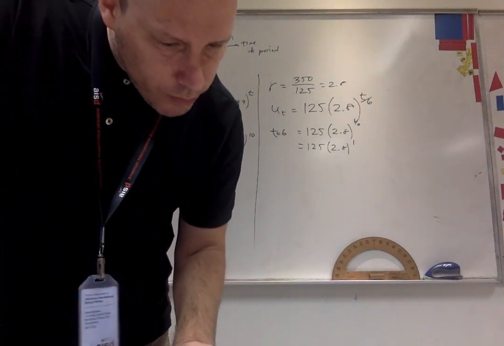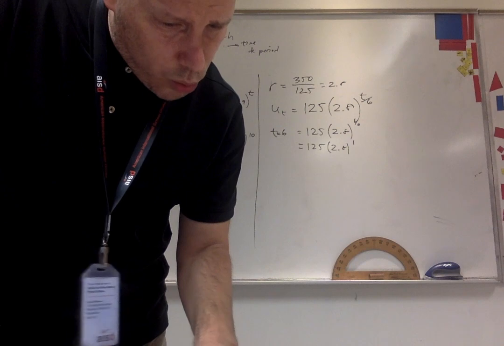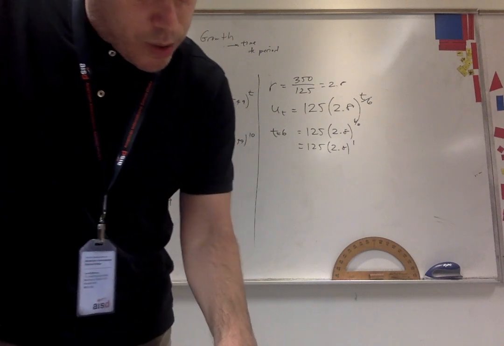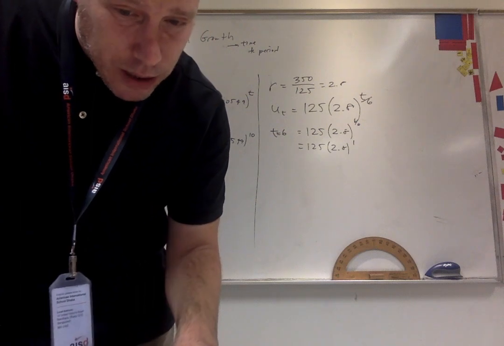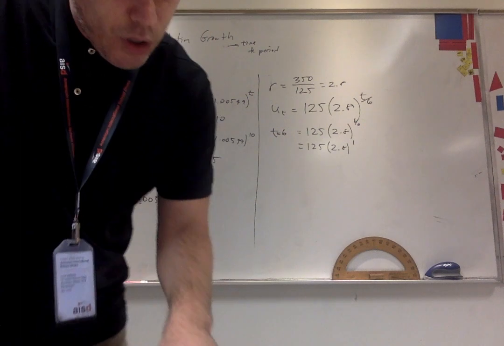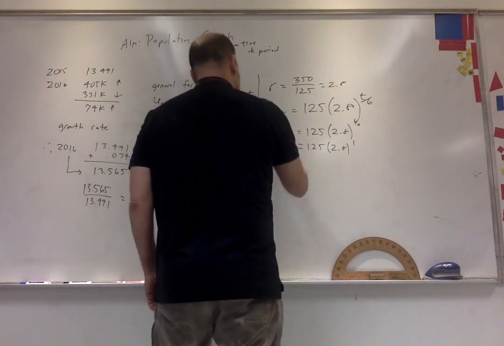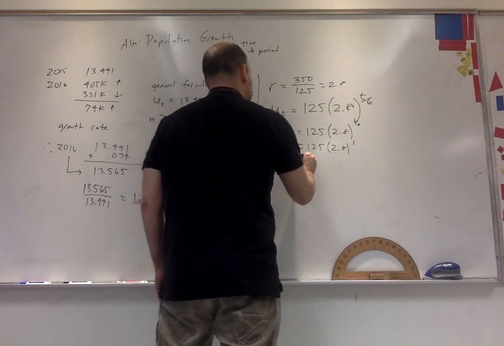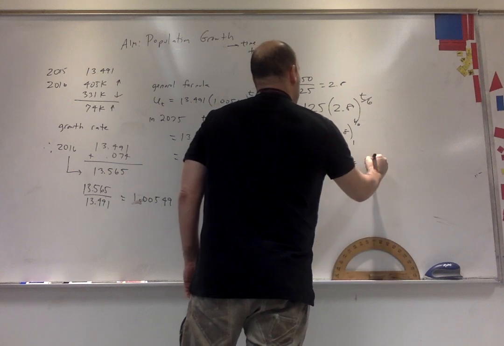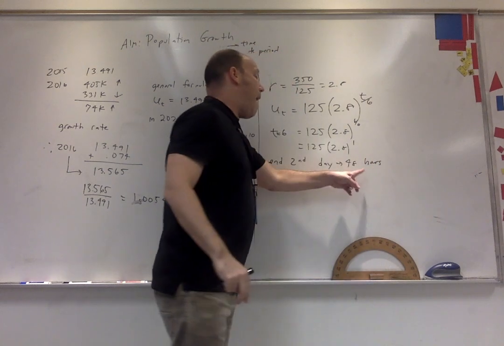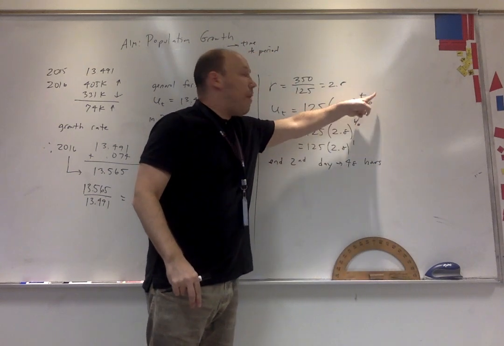Good. Determine your general formula to predict the number of bacteria at the end of the second day. So, at the end of the second day, we have 48 hours. But after 48 hours, how many compoundings?